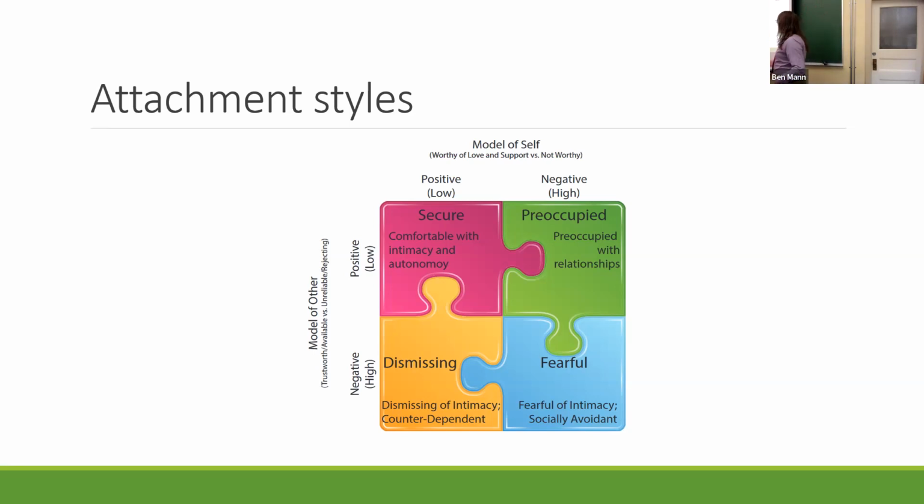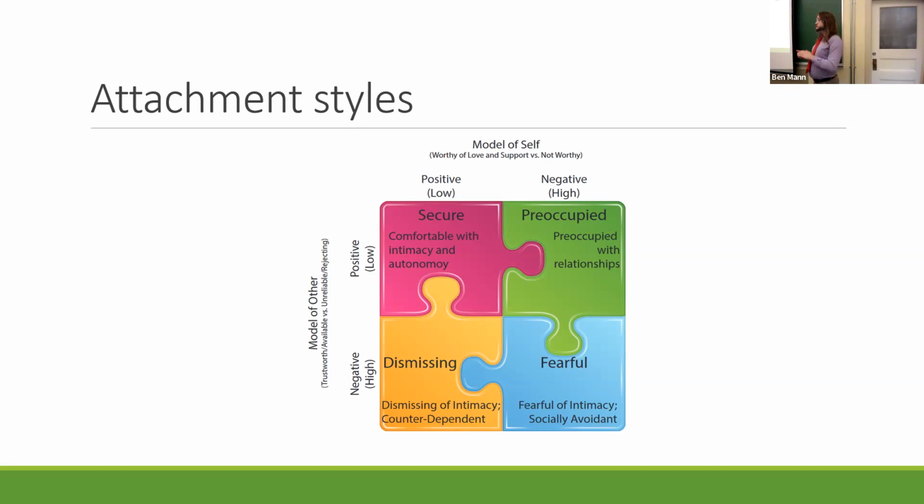And then a fearful style is one in which you do not view yourself very highly, but you also don't view other people highly or trustworthy either, right? So you're anxious and pretty on edge and pretty reluctant to form connections. These 4 attachment styles are generally considered to be pretty stable. That is, people generally fit into one of 4 in their relationships, but there might be variations depending on culture and context.